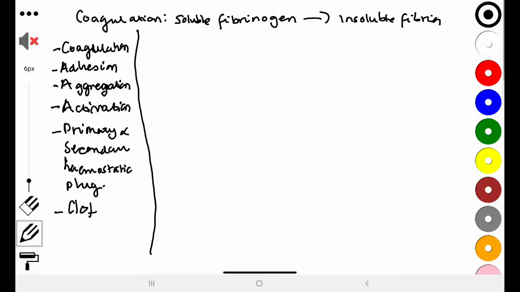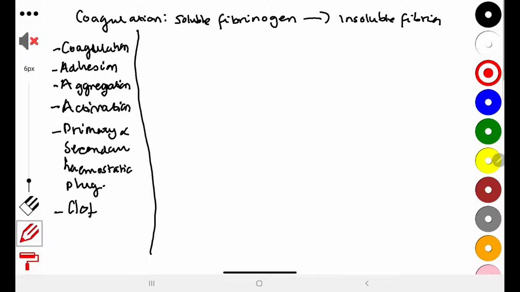There are other factors in between that we will be alluding to, as well as factor 13, the fibrin stabilizing factor. Aside from these, we will be looking at pre-kallikrein, which is also known as the Fletcher factor, as well as the Fitzgerald factor, the contact activation factors, and we will appreciate how all of these come into play.